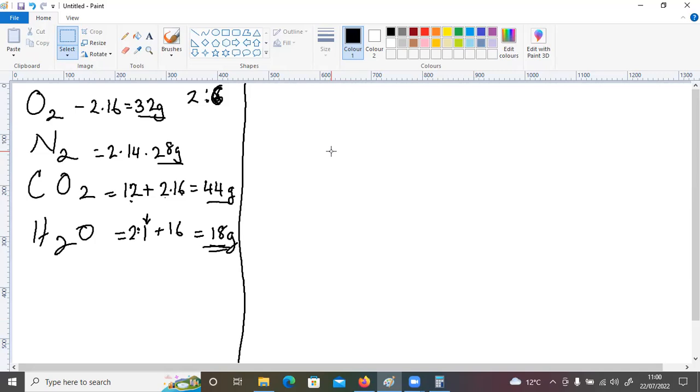So what I'm saying is this. 1 mole of oxygen gas, oxygen molecules, will be equal to 32 grams and will contain 6.0 times 10 to the power 23 molecules of O2, remember what we said previously.